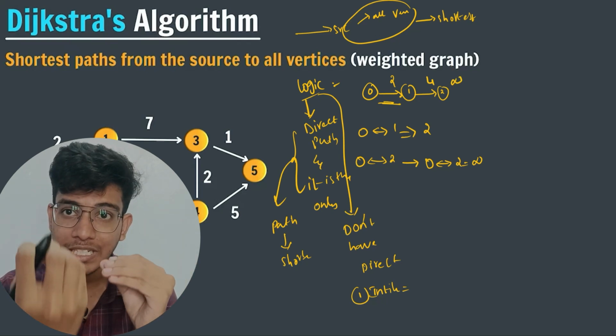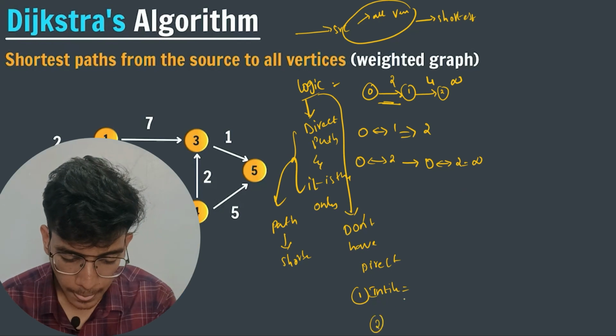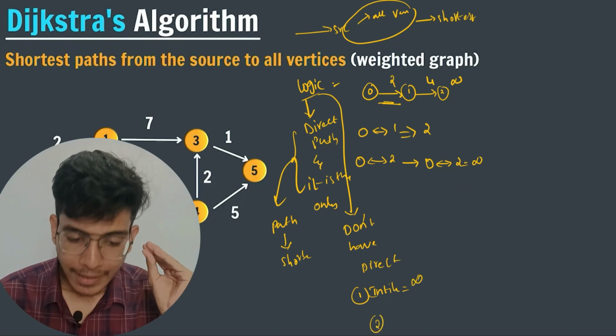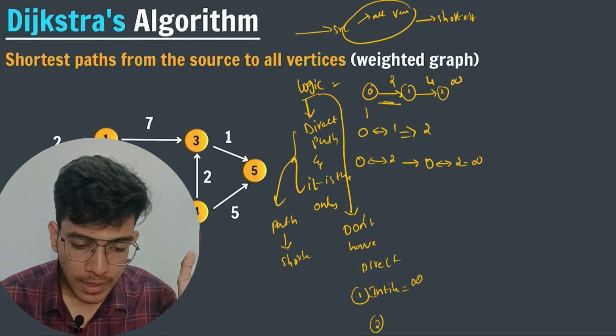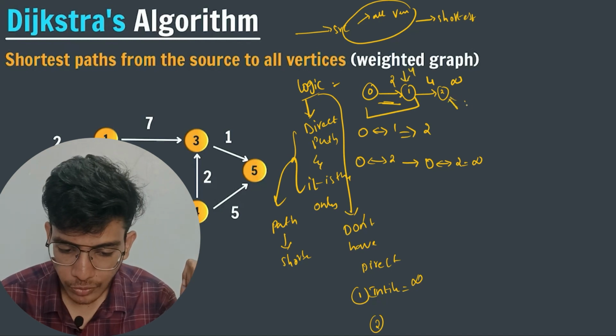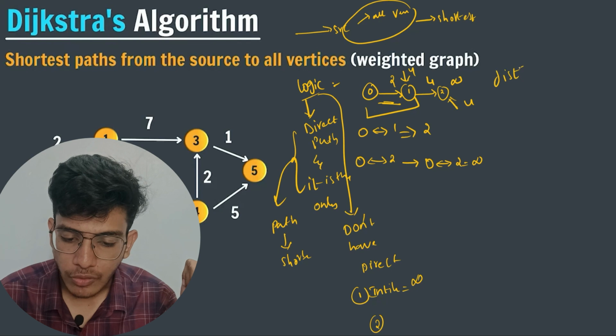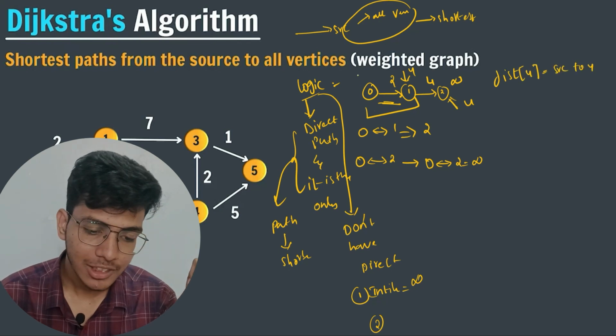Now after initializing the distance as infinity, step 2 will be to calculate its corresponding weight. Here I know the distance of these two. Let's say this node is u and this node is v. Now I know the distance of u, which is nothing but from the source to my u node. This is my source, right?